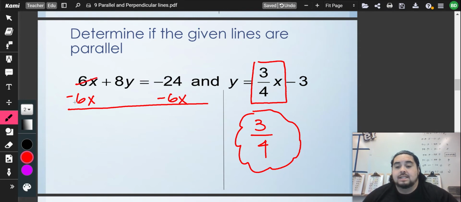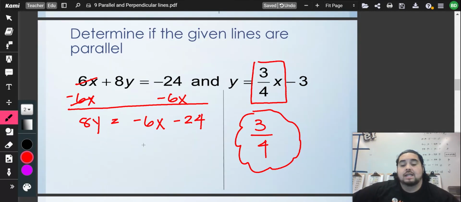On the left-hand side, these cancel out and 8y comes down. Then I have negative 6x minus 24. Again, they don't combine together because they're not like terms. One has an x and one does not. Now to get rid of the 8 in front of the y, I'm going to divide.